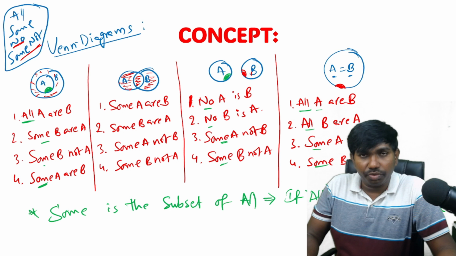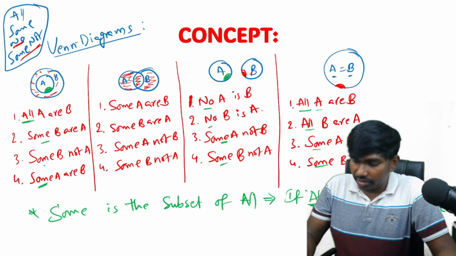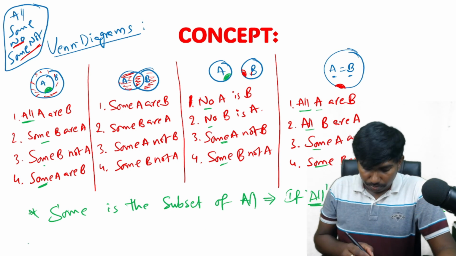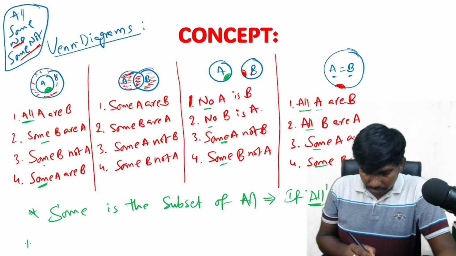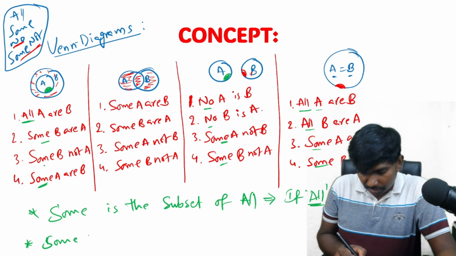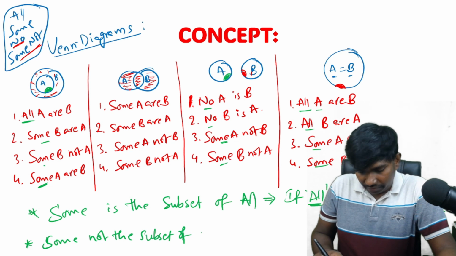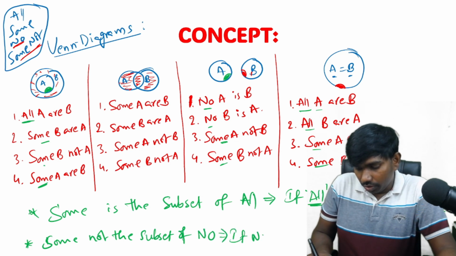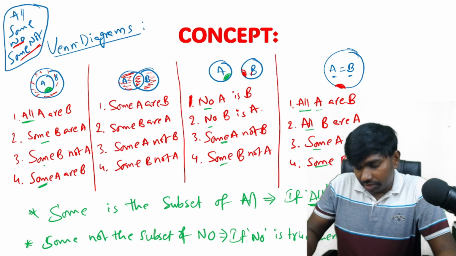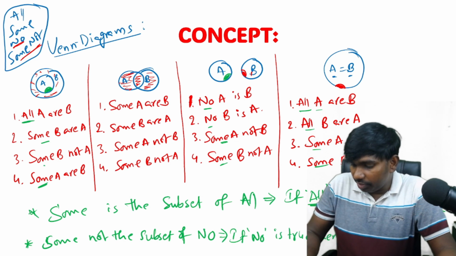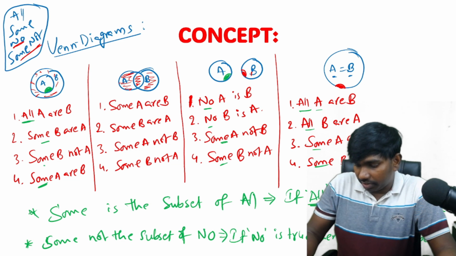If all is true in a particular case, for that particular case some will automatically be true. Similarly, one more: some not is the subset of no. That means if no is true, then in that case some not will be true automatically. Some not will be true for that particular case.